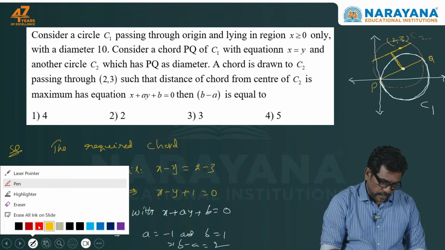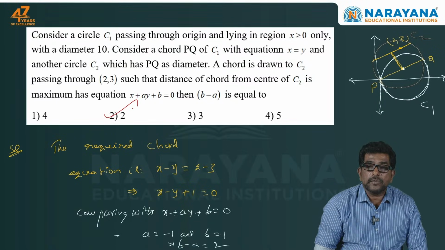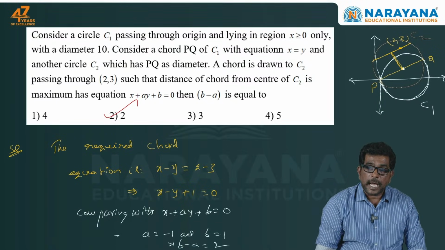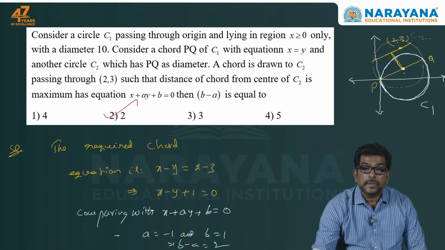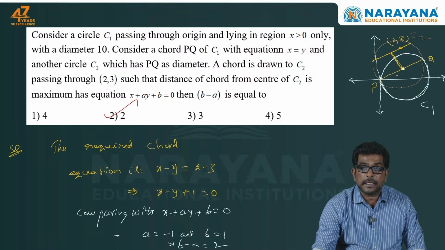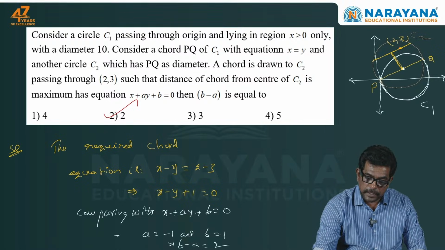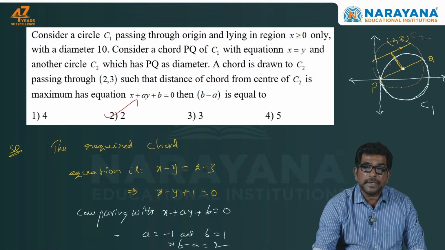The problem is a very logical problem, because the two circles are intersecting and the chord PQ is the diameter of the C2 circle, and the required chord is passing through the point (2, 3) and has the maximum distance from the center of C2.